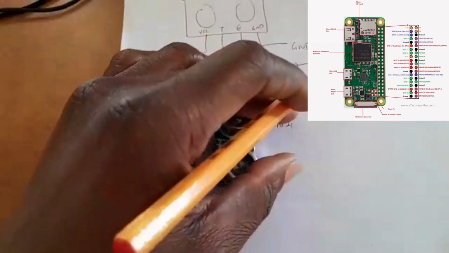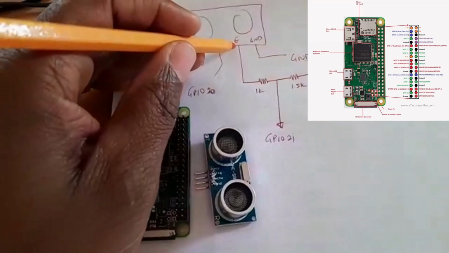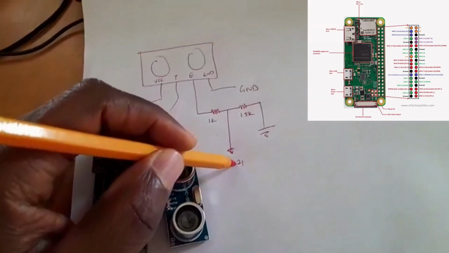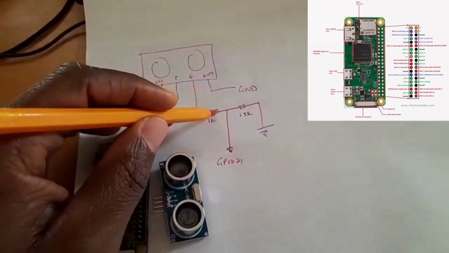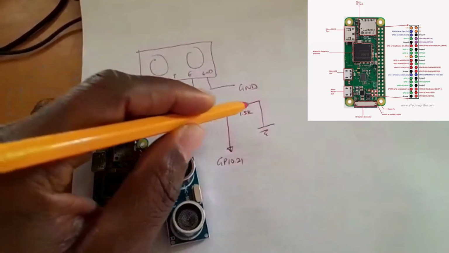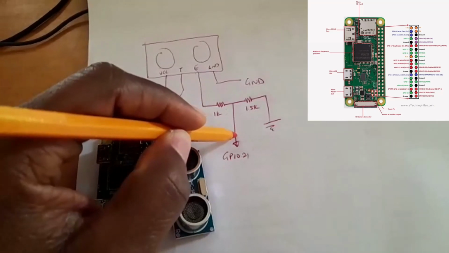So to prevent that, we need 2 resistors between the echo and the Raspberry Pi. We need a divider. These 2 resistors will serve as a voltage divider. They will divide the voltage from 5 volts to 3.3 volts.